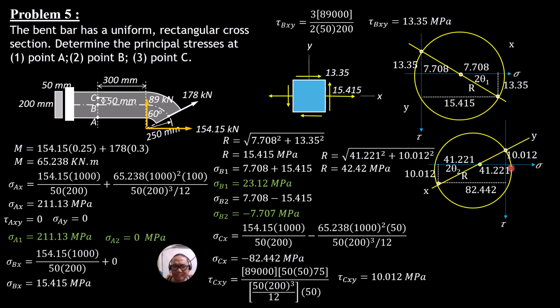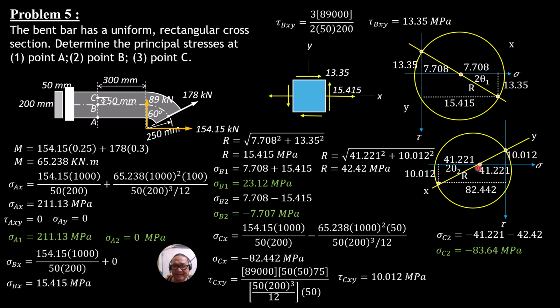The maximum normal stress occurs in principal axis 2, and that is negative 41.221 minus radius. So sigma C2 is negative 41.221 minus 42.42, and that is equal to negative 83.64 megapascals. The maximum normal stress is compression, 83.64 megapascals.